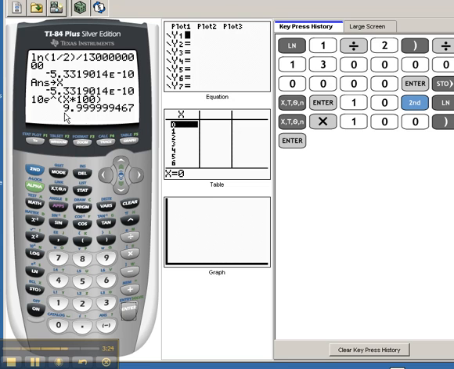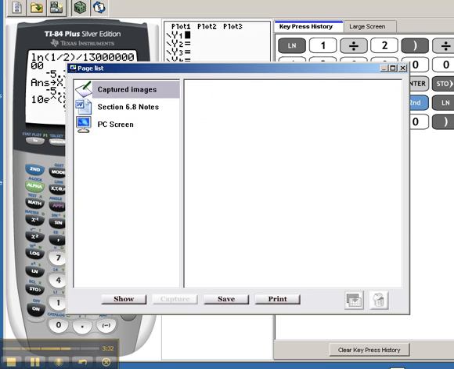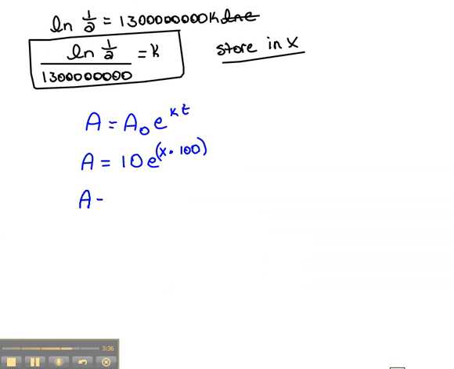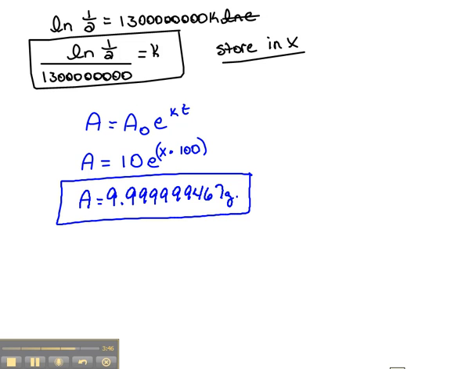So after 100 years we'll have this many grams left. Sorry about that, got a little ahead of myself. So our amount after time is 9.999999467 grams.